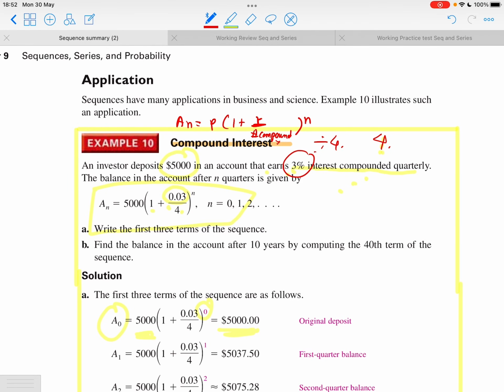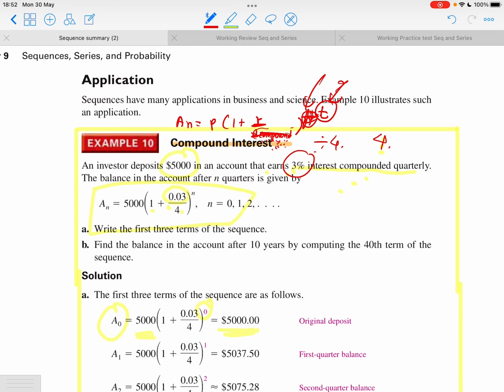Or if it's given in years, then this would be the number of times compounded, n, times t. t is the year, and n is the number of times compounded per year.